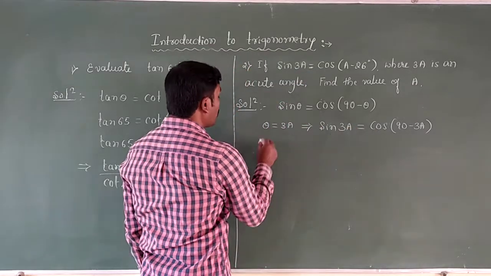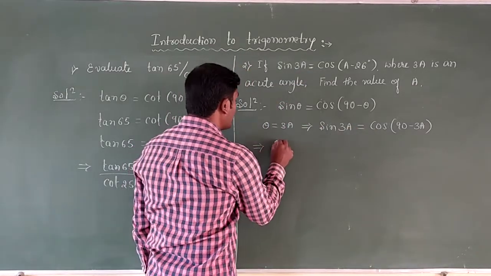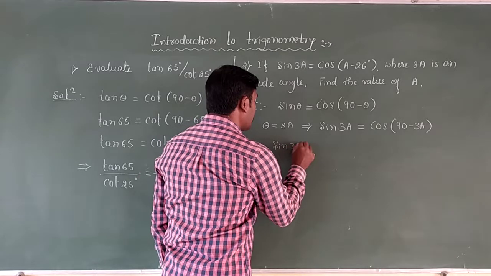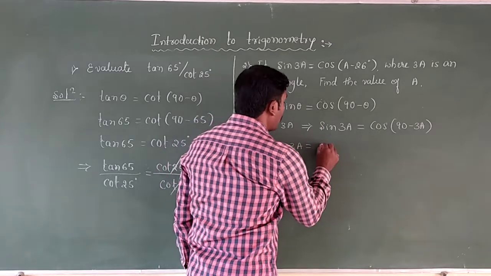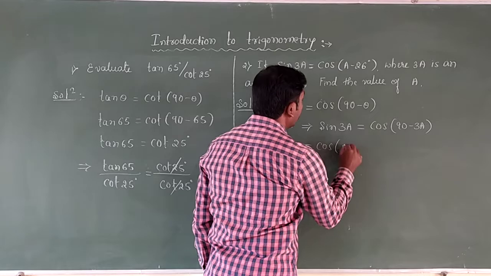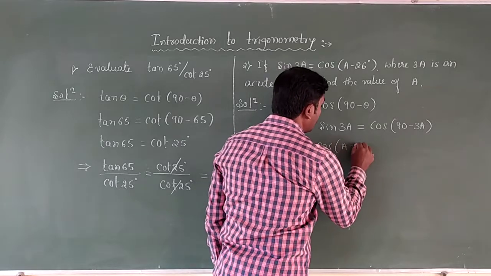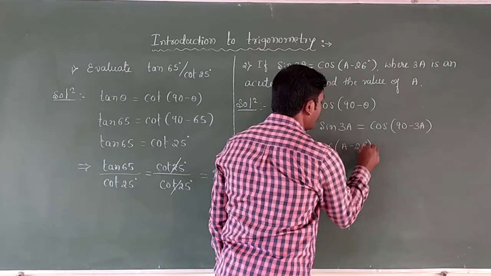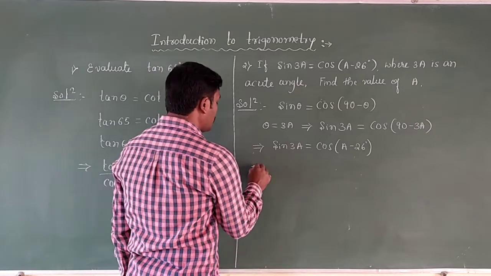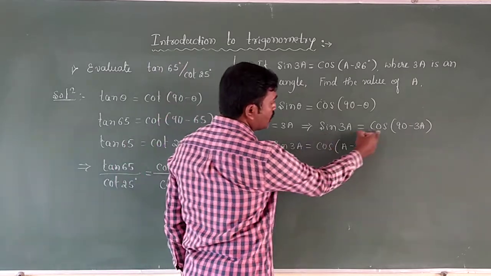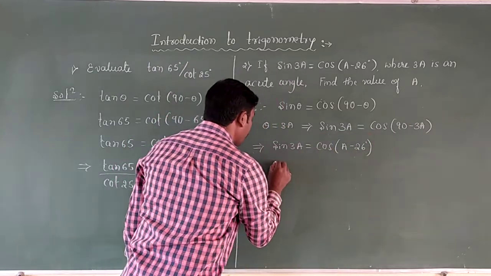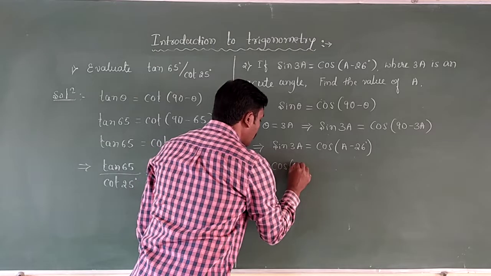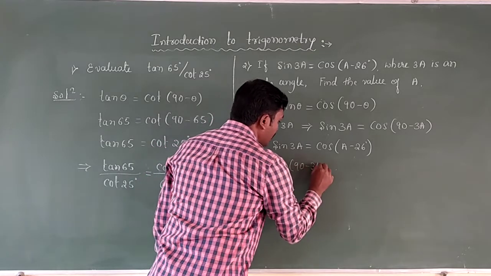Let us substitute this value of sin in this one. So what is the given problem here? The given problem is sin 3a is equals to cos a minus 26 degree. So this implies, children, here sin 3a is equals to cos 90 minus 3a.